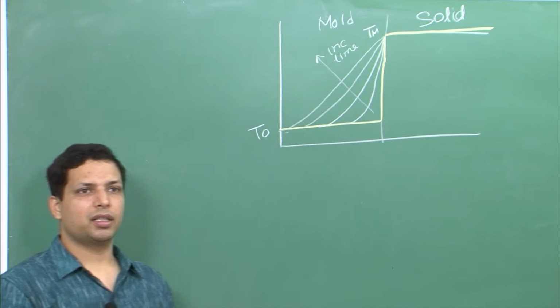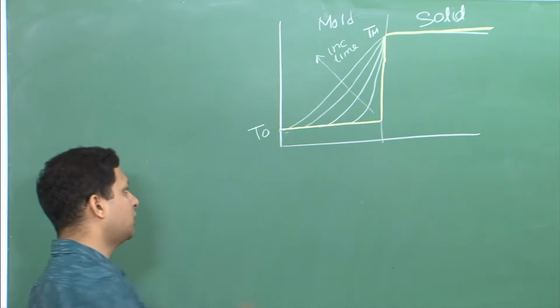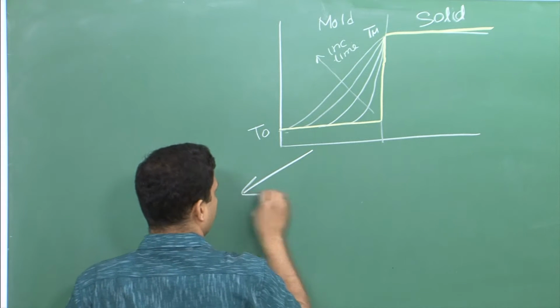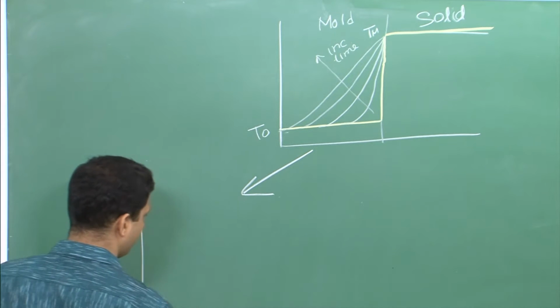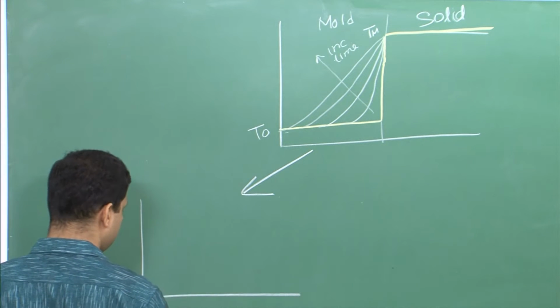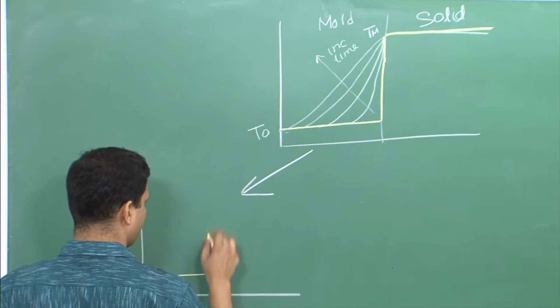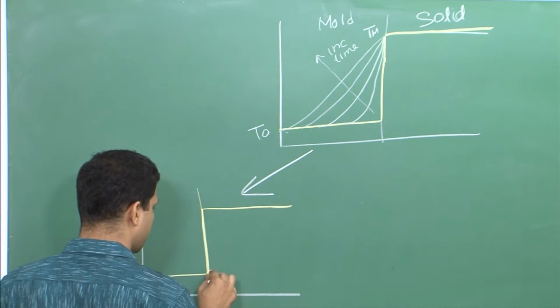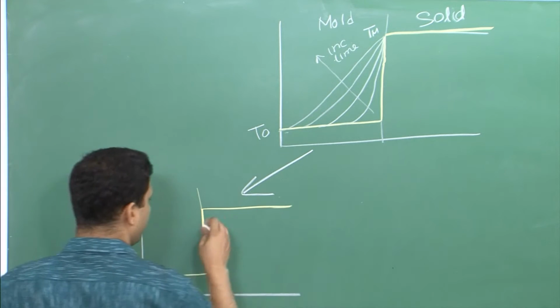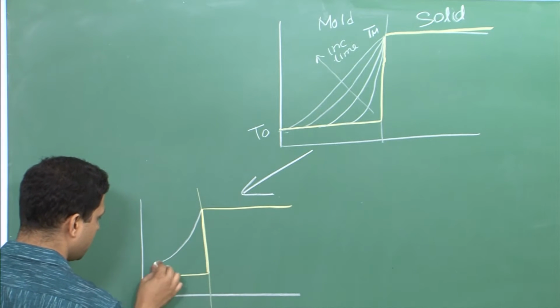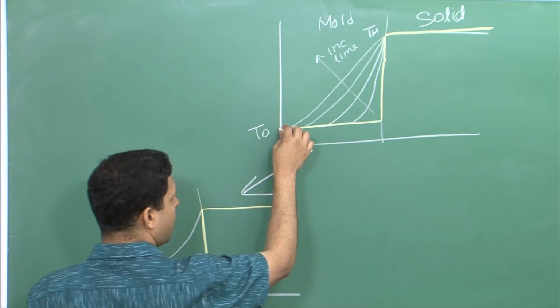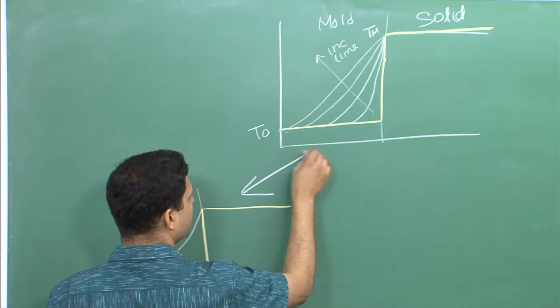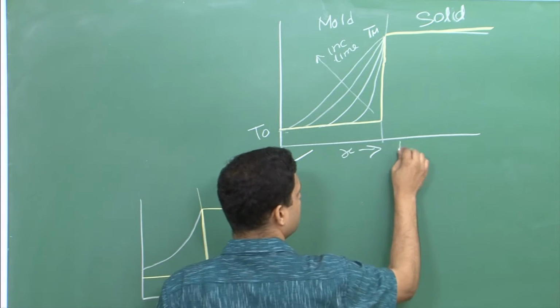Now at this point there are two things that can happen. So this was the temperature profile, and from this point onward it may happen that the temperature changes. So this is the outside, this is the start of the mold, remember this is distance.